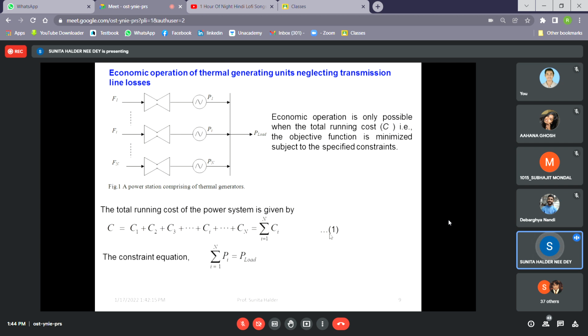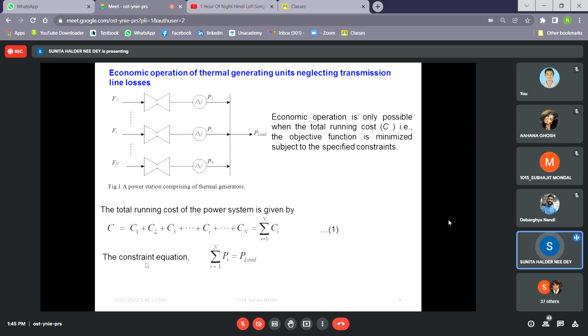With what condition? The condition in economic operation is called the constraint equation. Constraint means the condition or limitation to solve the problem. What is that? Every time we have to verify that the summation of total generation must be equal to the summation of load. This is the equality constraint.